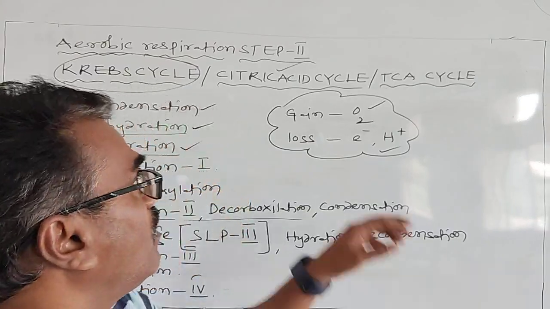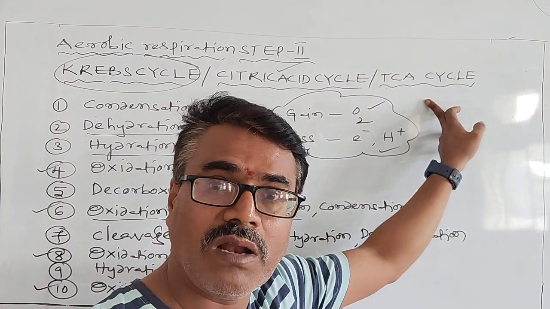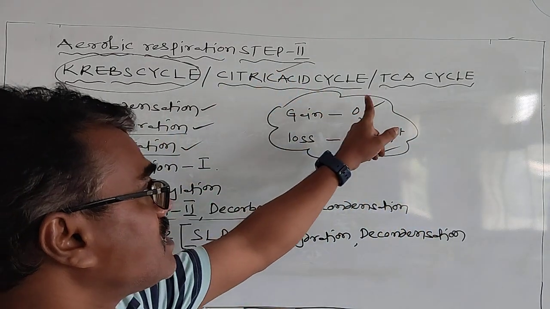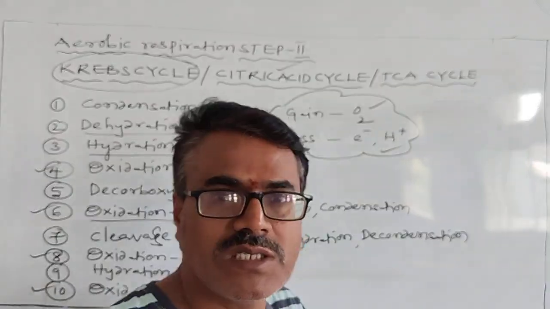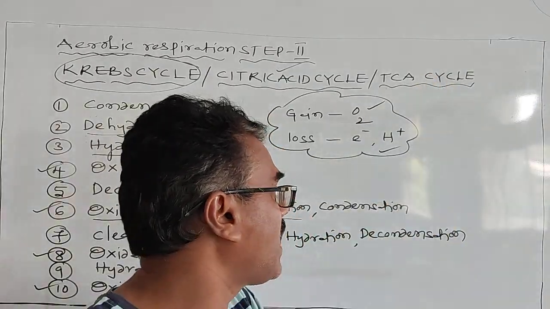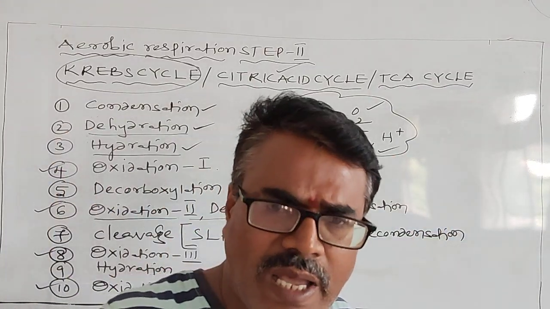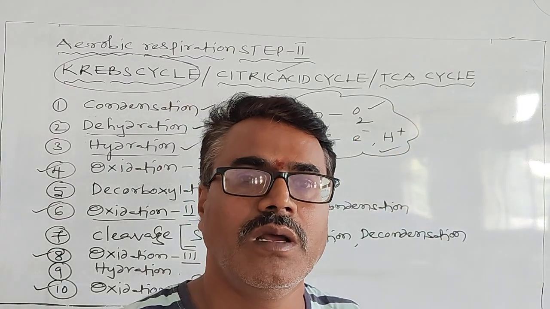Mainly for entrance exams like NEET and MSET, the site of the Krebs cycle is the mitochondrial matrix. The Krebs cycle is also known as the tricarboxylic acid cycle. Why? The primary stable product citric acid is composed of 3 carboxylic groups. How many chemical reactions take place in this pathway? 10 chemical reactions.